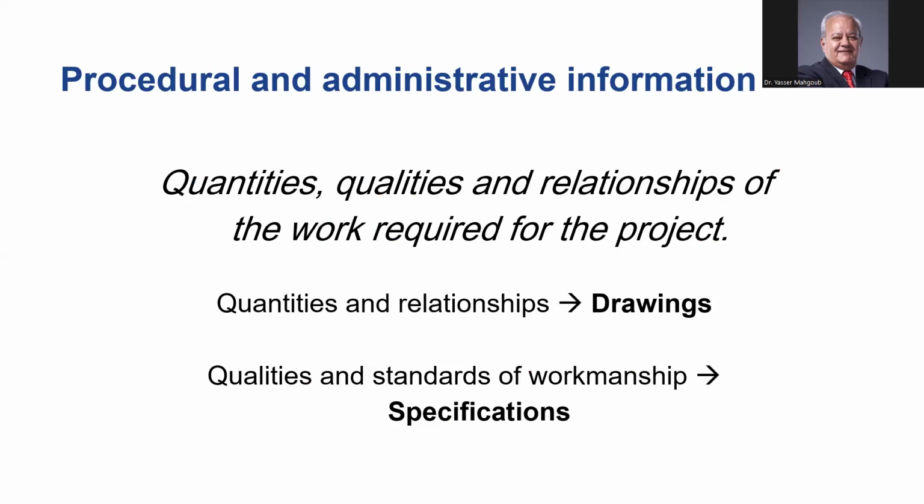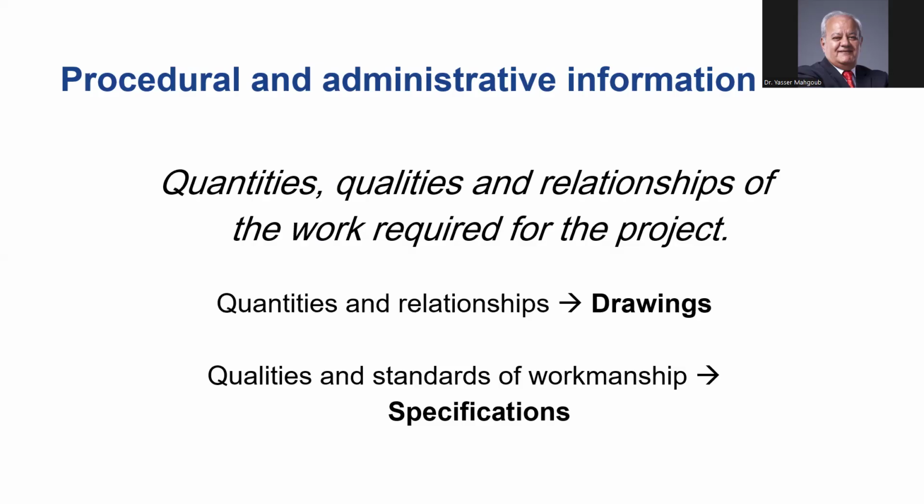Quantities and relationships are shown in the drawings. Qualities and standards are shown in the specifications. So they both complement each other, and they have to be exactly the same. If there is a discrepancy, the contractor will go for what?